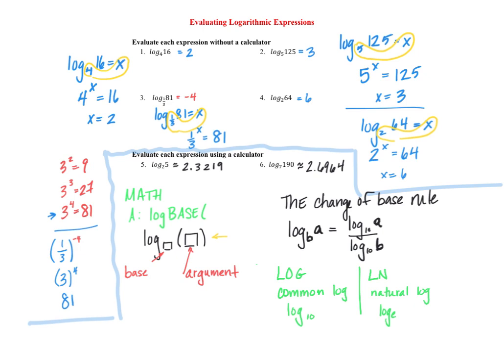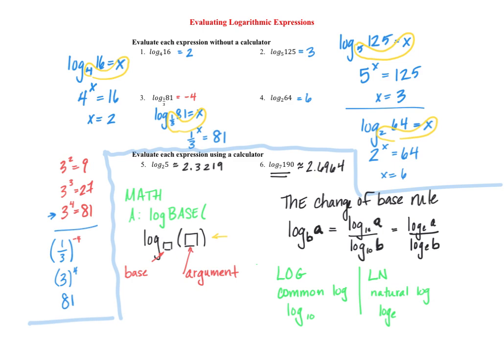So I could use base 10. I could also do ln, which would be log base e. Some people like to use the ln or the natural log. Other students feel more comfortable writing it with base e. But again, what you're doing is you're taking the log of the argument, and my argument was my a, and dividing it by the log of my base. So if we try to do that with this expression up here, log base 7 of 190, let's say I choose to do log base 10.